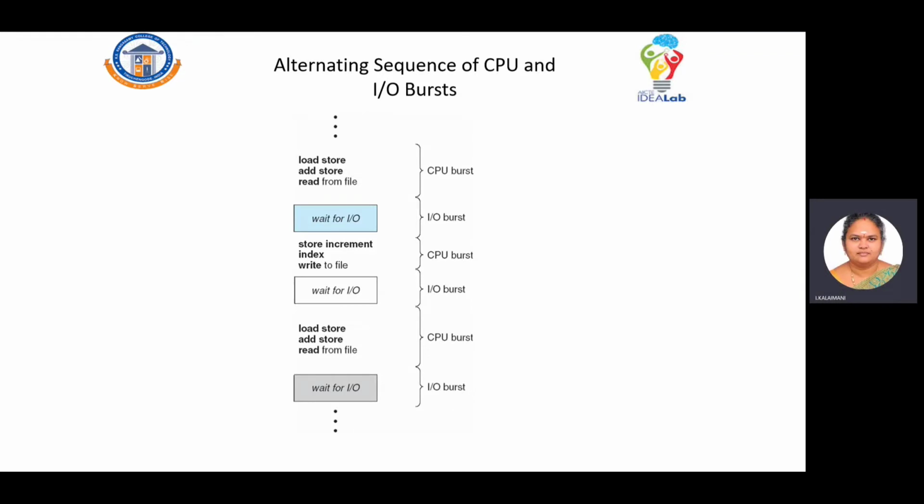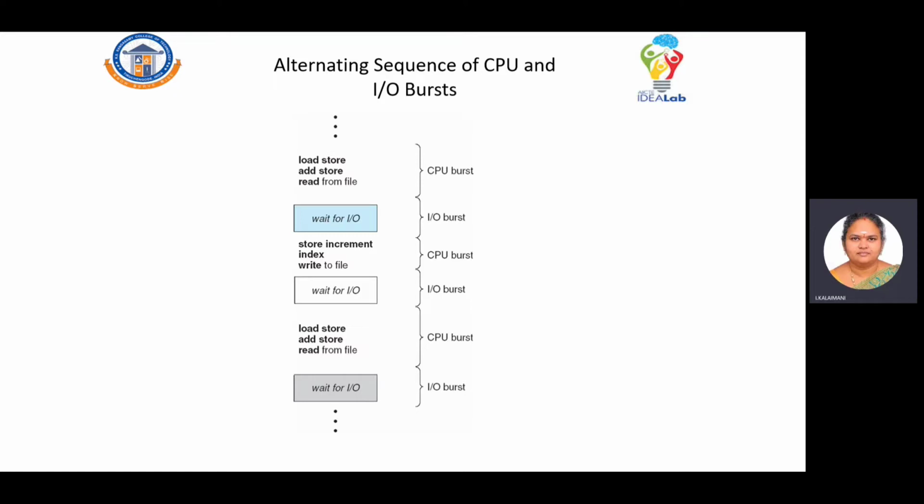When we execute a program, when we load, store, and read a file, the CPU engages with a CPU burst. While we go for the IO operations, it has to wait for IO. At that time, it is in an IO burst. And next, store, increment, index, and write to file instructions: the CPU switches to a CPU burst.